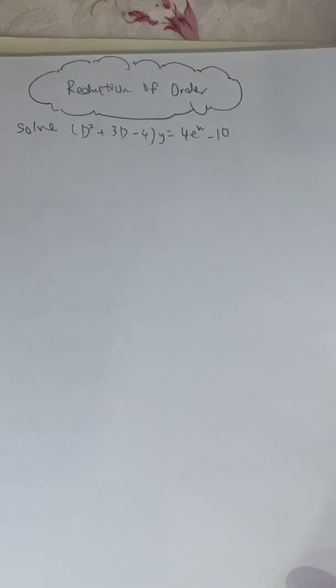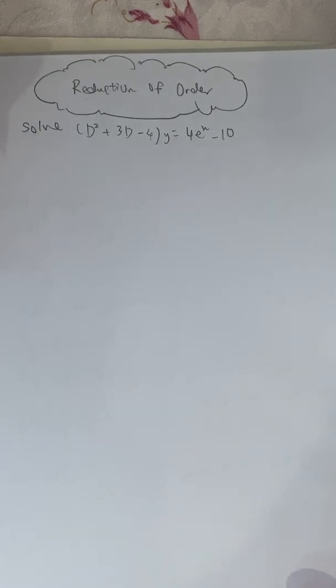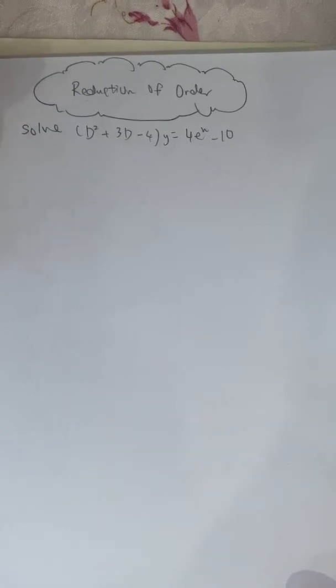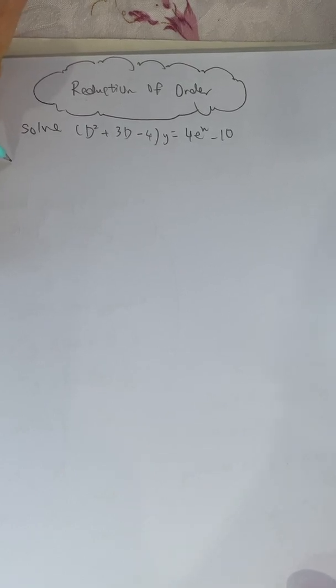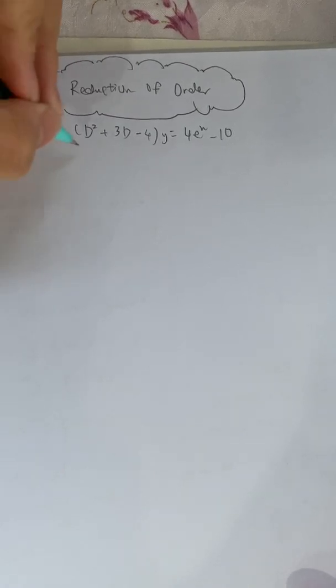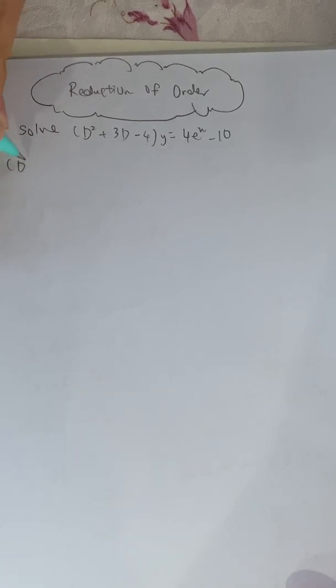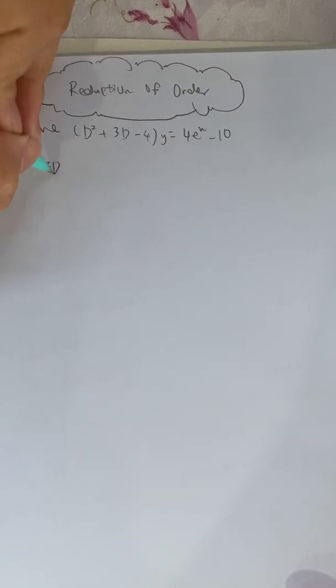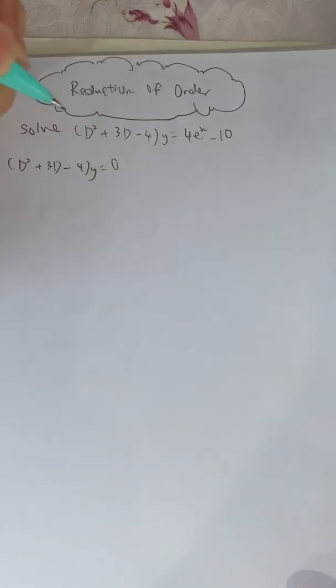Okay, firstly we have to write down the auxiliary equation to find the roots. So we know D squared plus 3D minus 4y equal to 0.